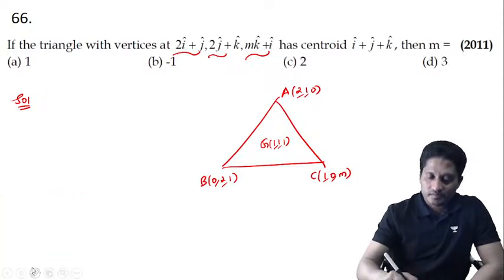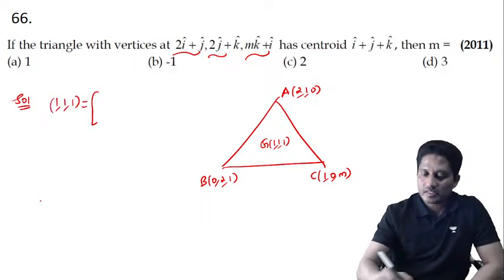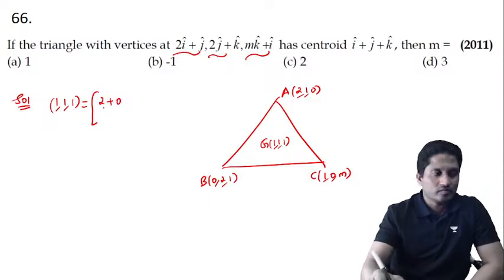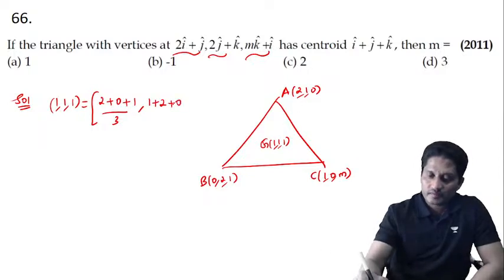If I add the vertices, you get (2 plus 0 plus 1) by 3, (1 plus 2 plus 0) by 3, and the last one is (0 plus 1 plus m) divided by 3.